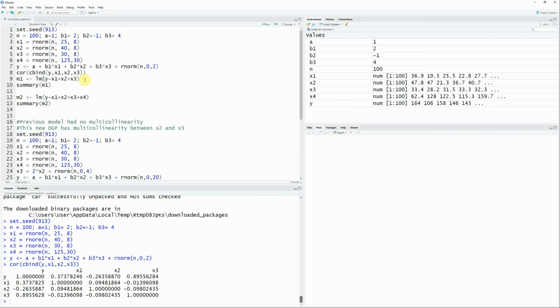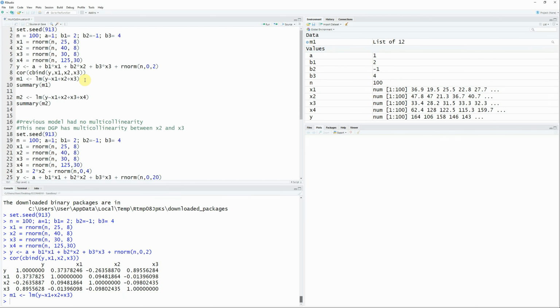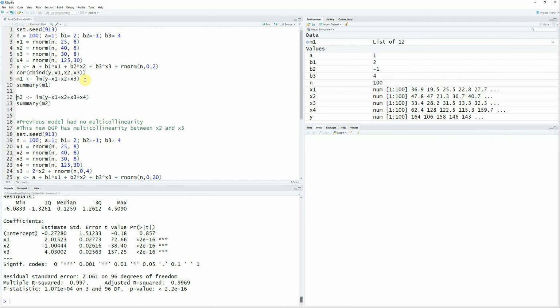We can run a model. Now we are estimating the parameters that we used in creating this y vector, and these are the results. We used a equal to 1, or alpha was 1, here it is minus 2.7.